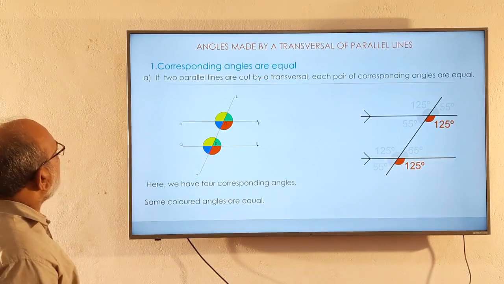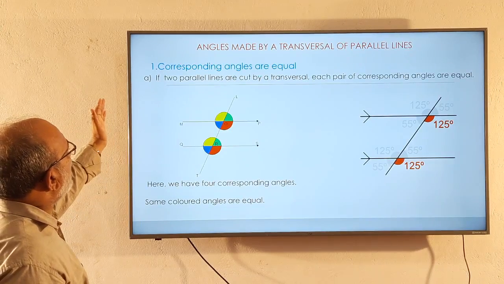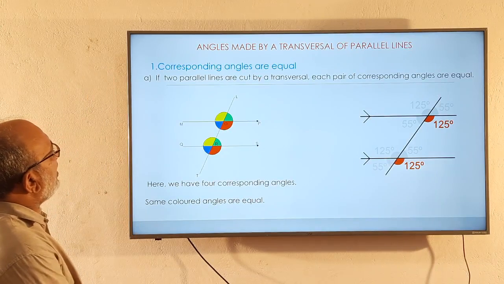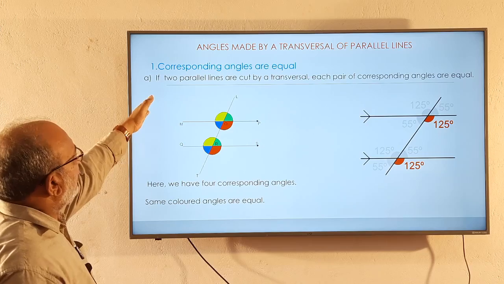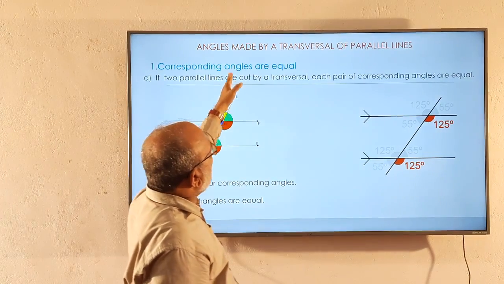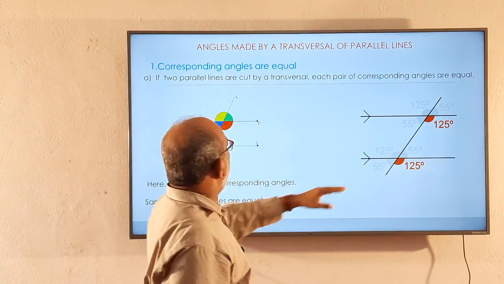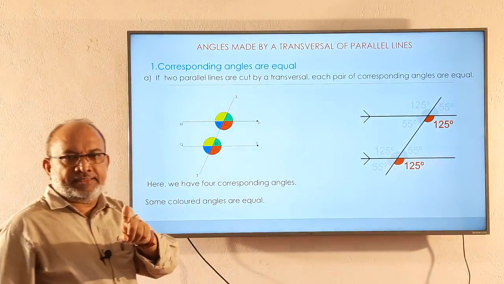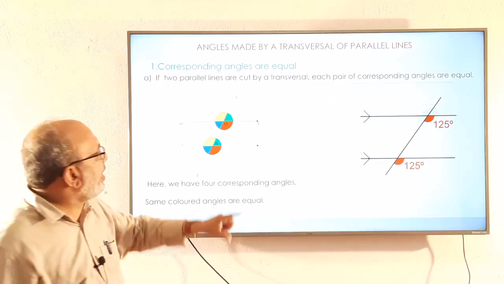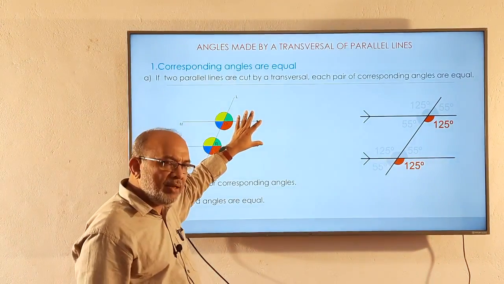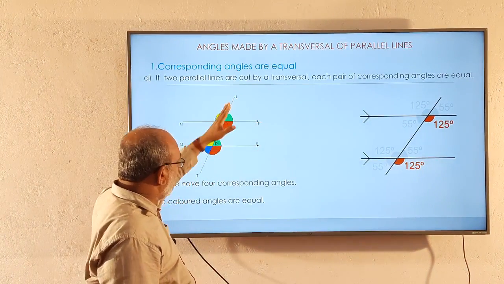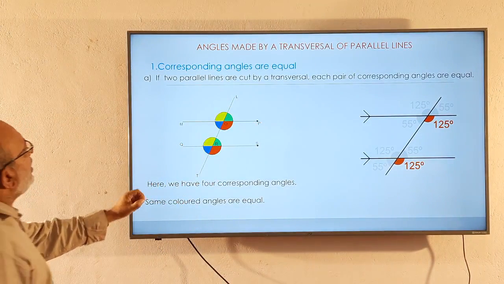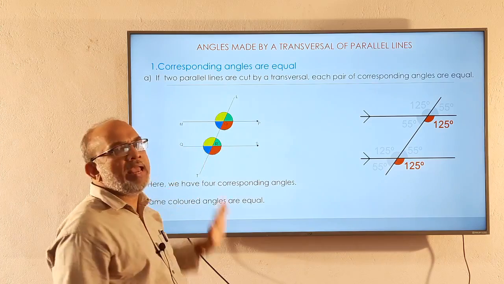Okay. Let's see what corresponding angles are. Here you have one statement: corresponding angles are equal when the angles are made by a transversal of parallel lines. When these two lines are parallel, that is the condition. When these two lines are parallel and there is a transversal, in that situation all the corresponding angles are equal.